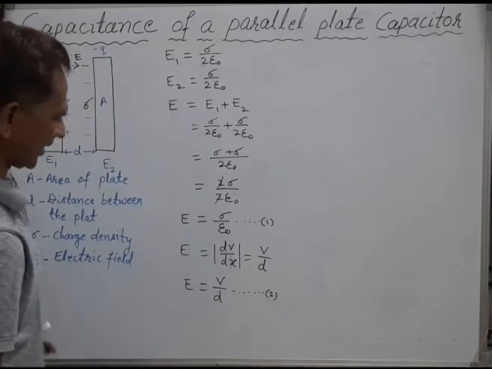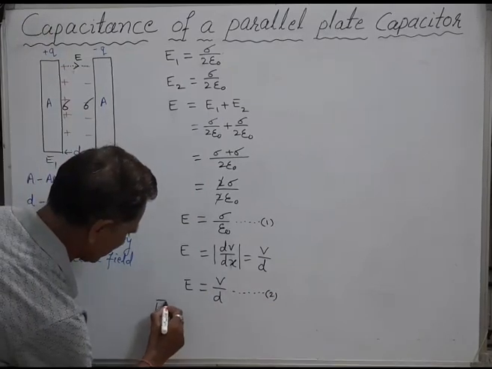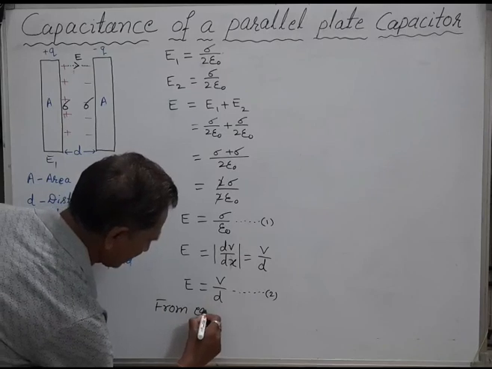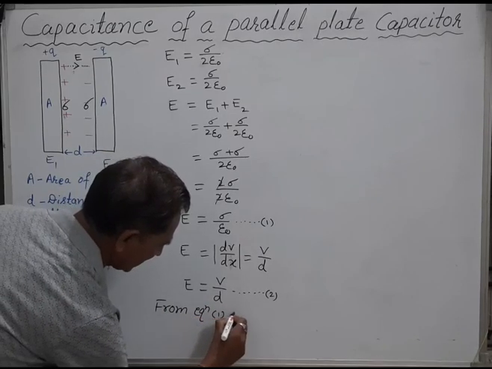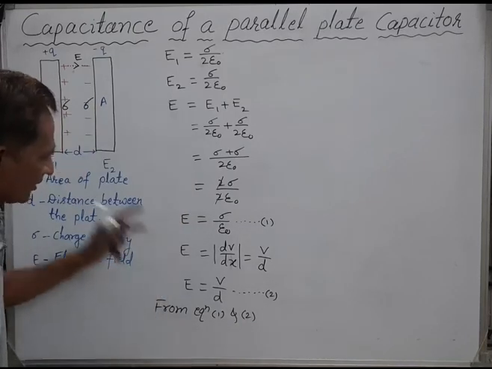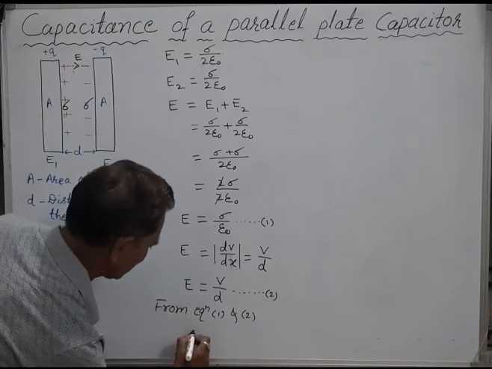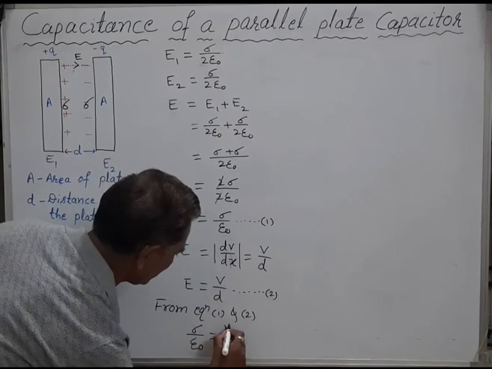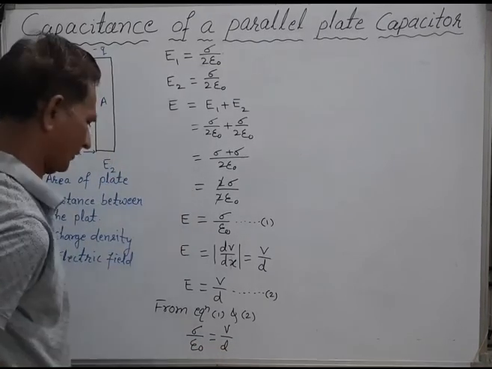From equation 1 and 2, that is, equating, sigma divided by epsilon naught is equal to V divided by d.